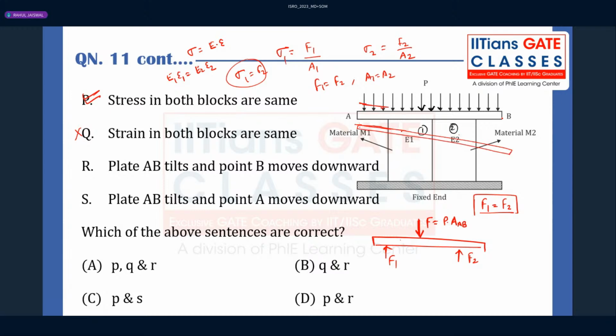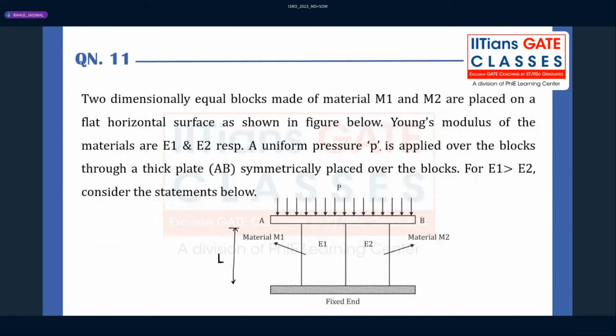So here what is happening? Point B will be moving towards the downside, or we can say the exact deformations will not be like this. Whatever AB plate they have mentioned, we are assuming that it is a rigid plate, a thick plate.